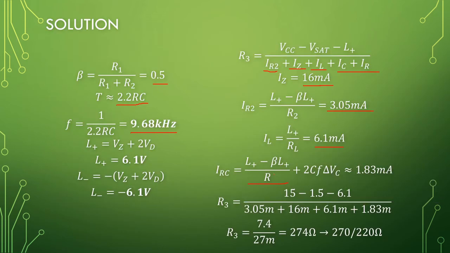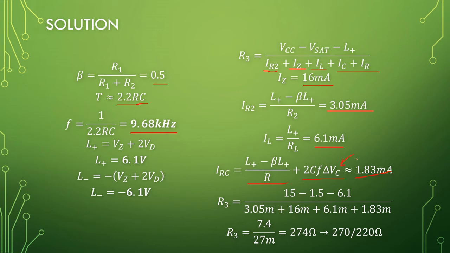And that is the amount of current going to be drawn by the resistor in there. Then for the capacitor, we can use the change in voltage across the capacitor multiplied by 2 times capacitance and the frequency. So this will yield 1.38 milliamps.